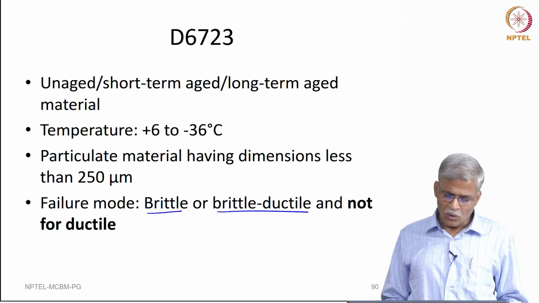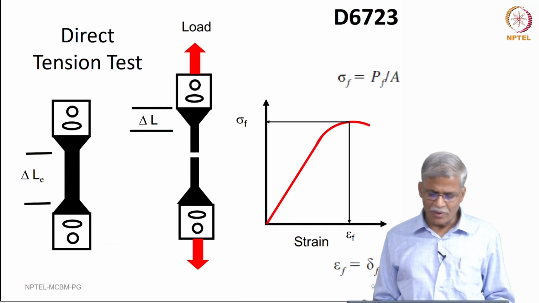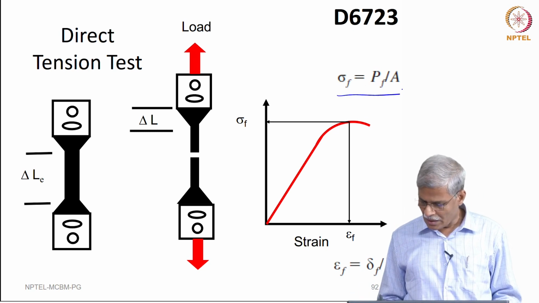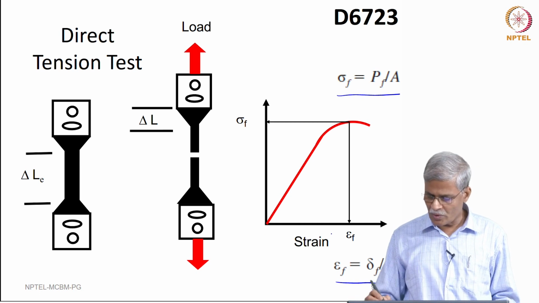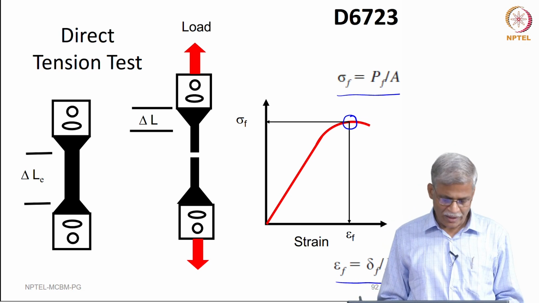Okay. So, coming back to this is the sample now. So, this is the stress that you are really looking at, and this is the strain that you are looking at. So, when you plot the stress versus strain, this particular point is taken as the failure load.